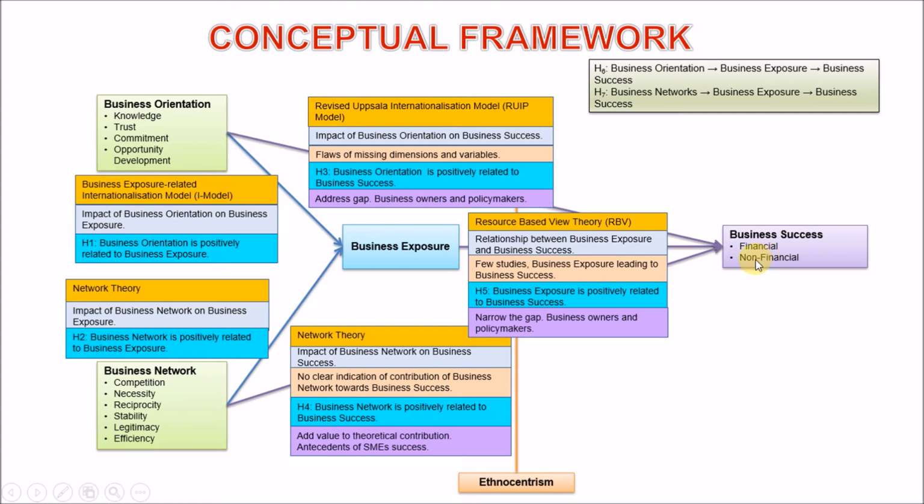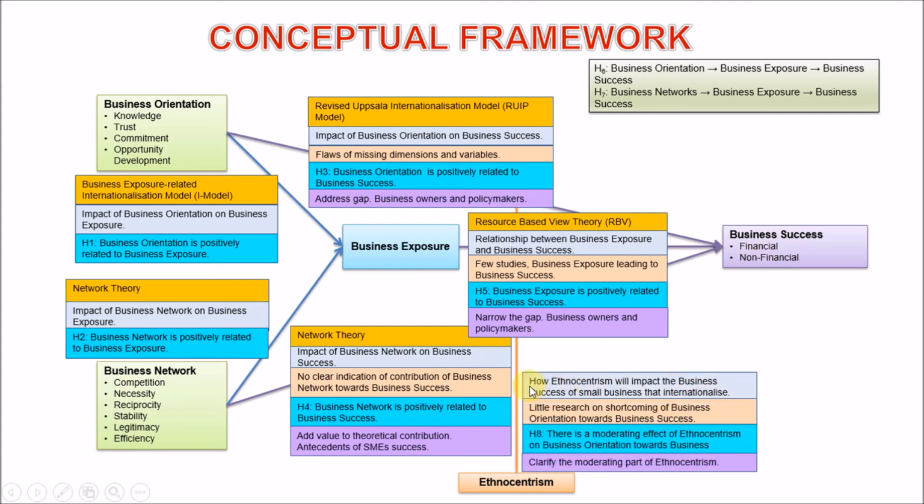Okay, where is the proof? Yes, how ethnocentrism will impact the business success of, let's say, small business or SMEs or whatever that internationalize. Okay, so this is the problem statement. Next one, little research on shortcoming of business orientation towards business success.